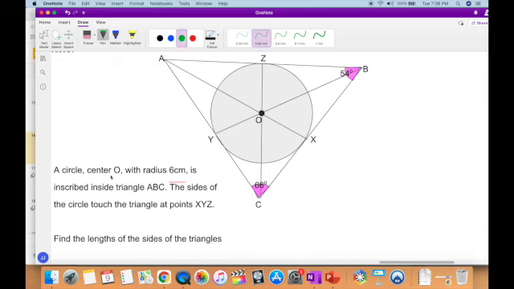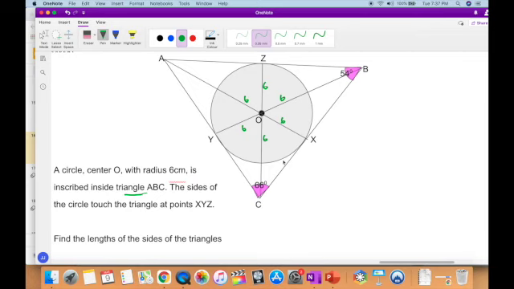So the circle has center O with radius 6 centimeters. We see in here that each one of these lines spreading out from O to the circumference will be 6 centimeters. 6, 6, 6, 6, 6, right? It is inscribed inside triangle ABC.